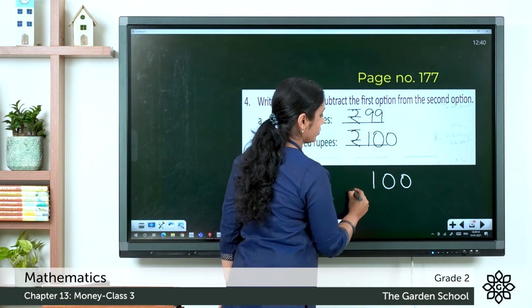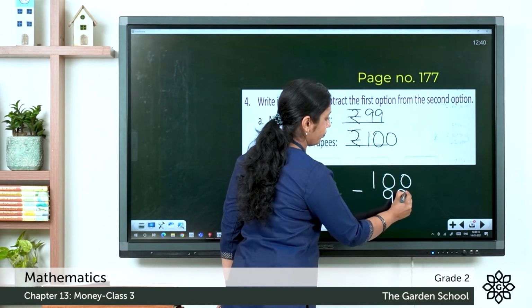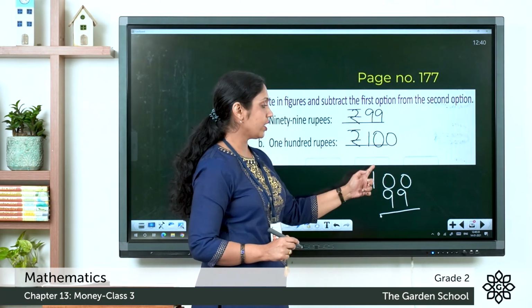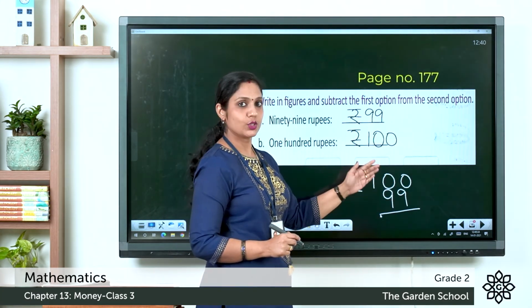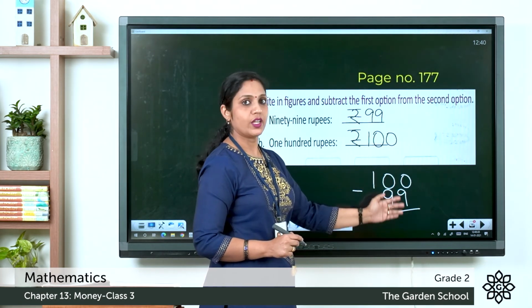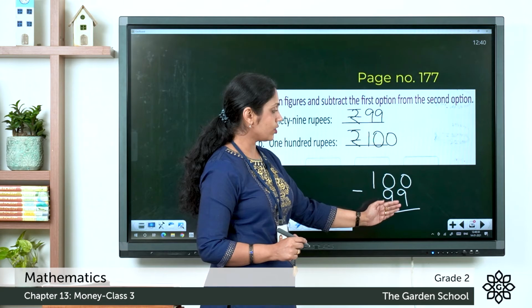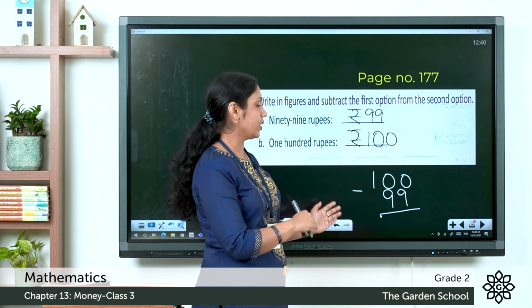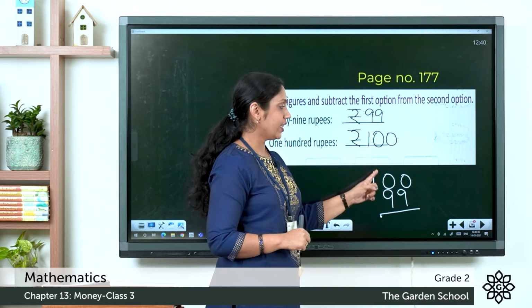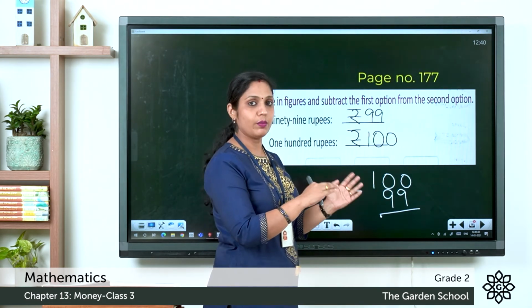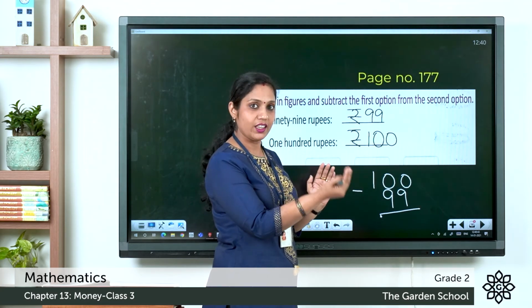So let's subtract 100 minus 99. Here you can see 100 is a 3-digit number and 99 is a 2-digit number. So in the ones place we have 0 minus 9 and we know that we are not able to subtract 9 from 0. So we have to borrow from the tens place. So here you can see in the tens place again we have 0. So before 0 is there any number? No. So we cannot get anything from 0.